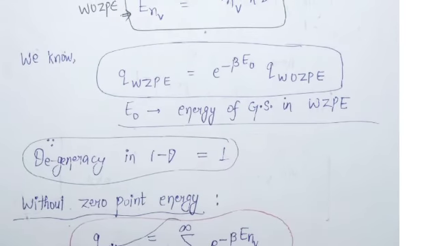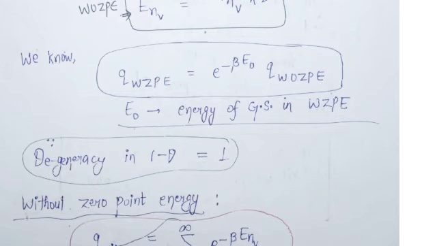As we already know, if you have the partition function without zero point energy, then you can directly calculate the partition function with zero point energy by using this expression. Because this expression relates the two systems, one without zero point energy and the other with zero point energy.